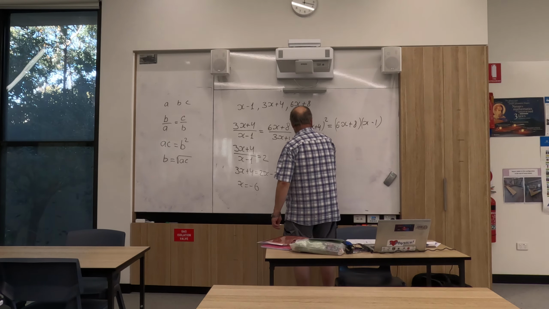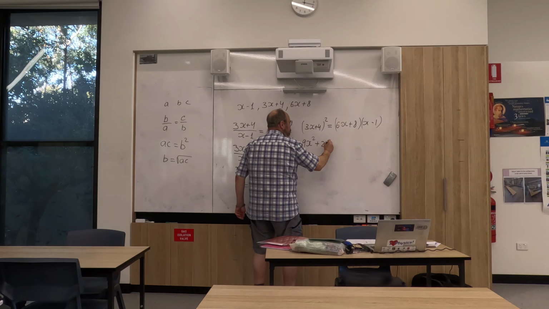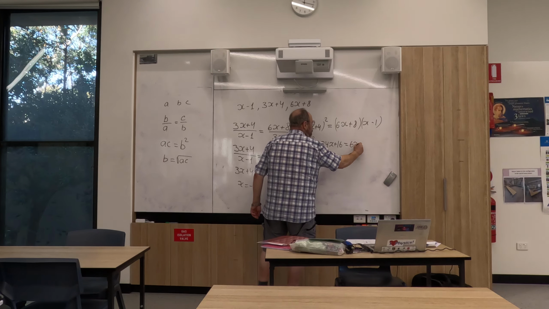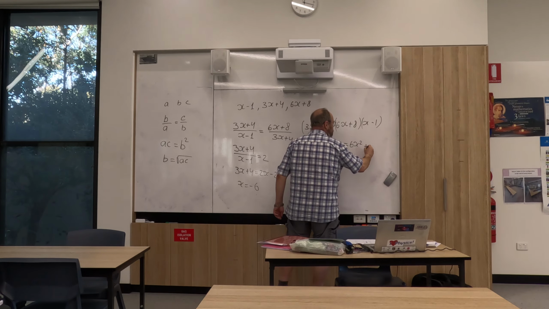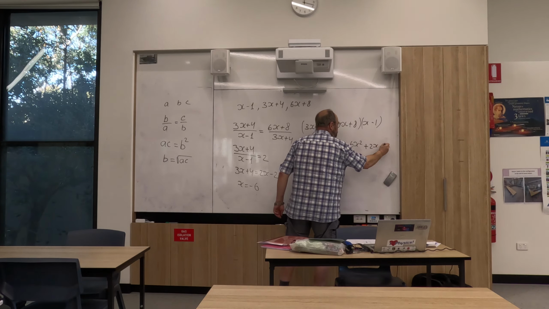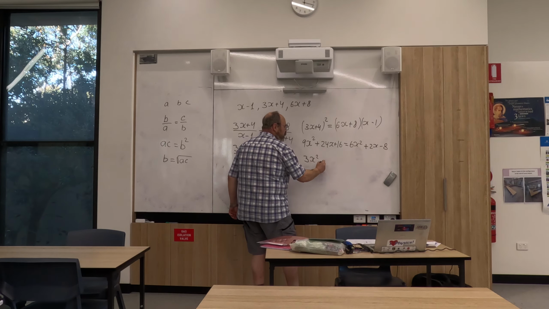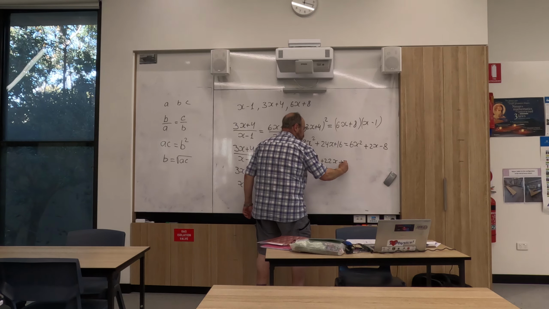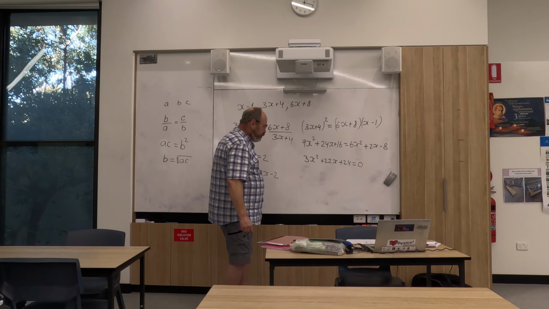So we have 9x squared plus 24x plus 16 equals 6x squared plus 8x minus 6x plus 2x minus 8. Bring everything to one side: 3x squared plus 22x plus 24 equals 0.